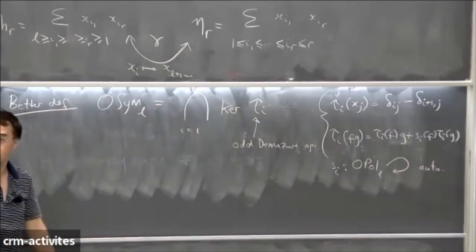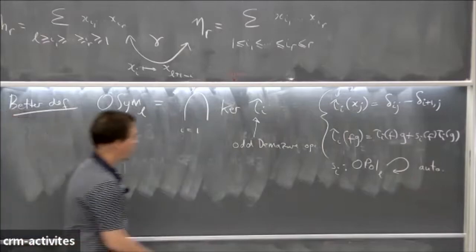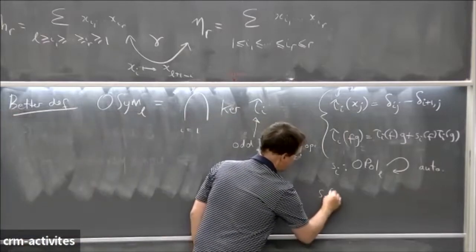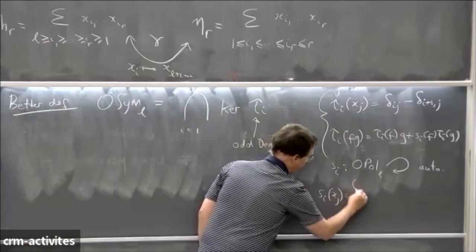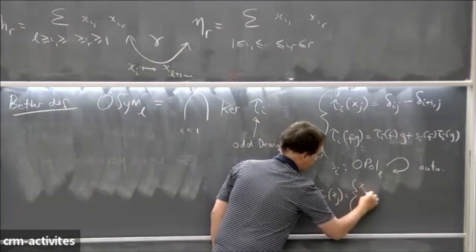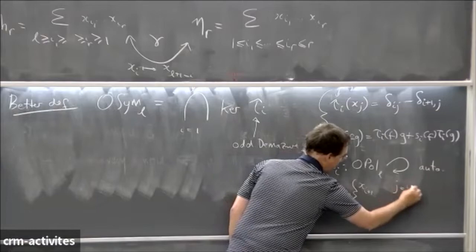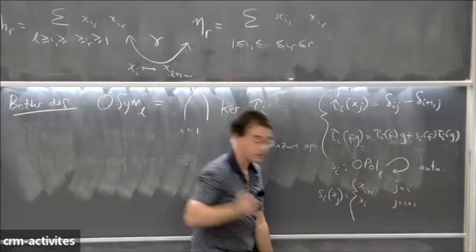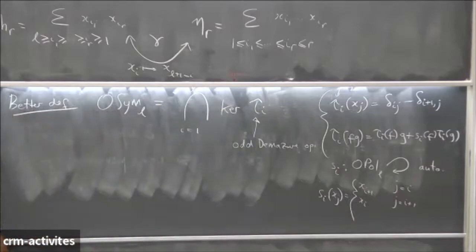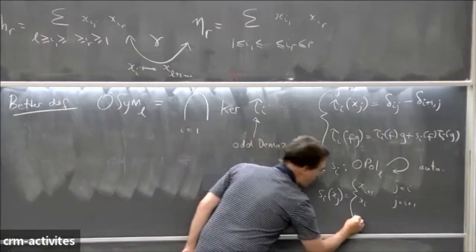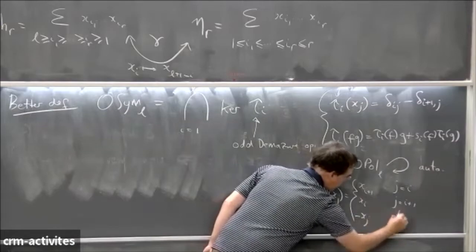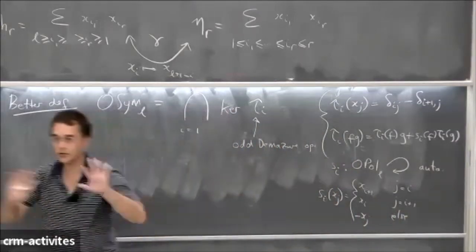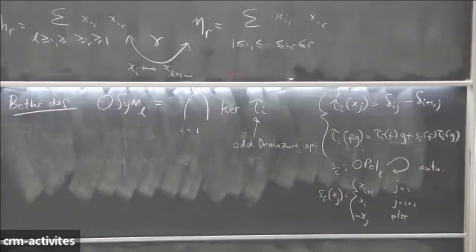It's an algebra automorphism of OPol, and s_i of x_j is x_{i+1} if j is i, it's x_i if j is i+1. So it's switching x_i and x_{i+1}, but then it's minus x_j in all other cases. So that minus sign is the only place that's different in the setup from the classical story.